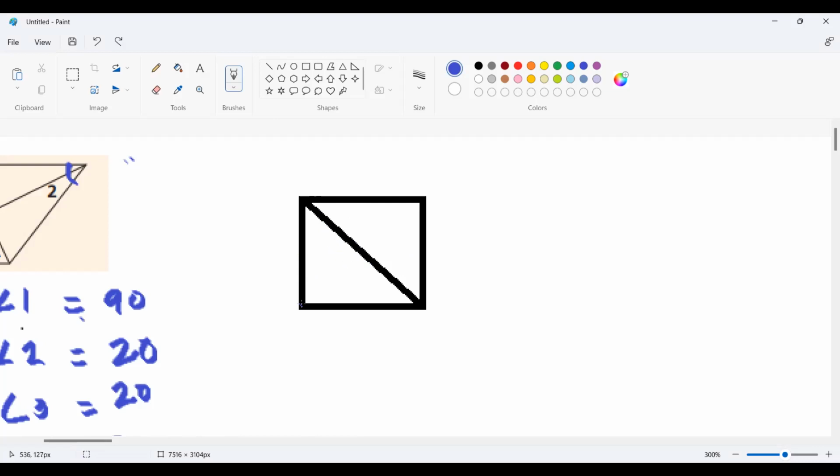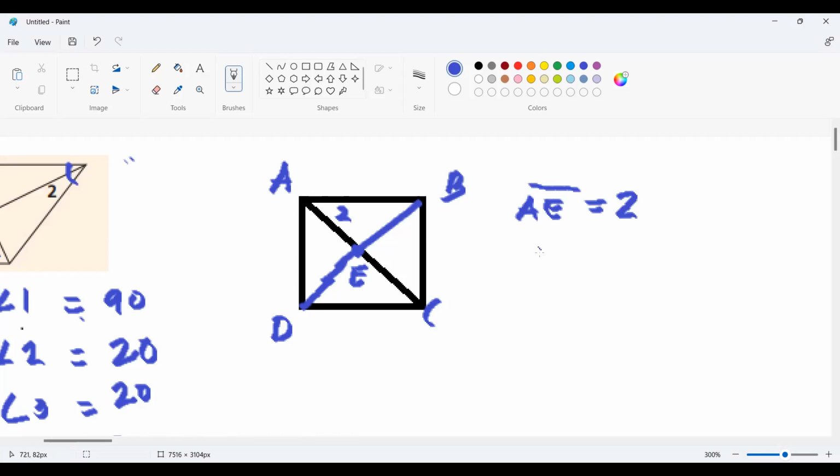So if, for example, you have a diagonal here, let's just imagine. Let's say this one is named A, B, D, and the intersection here is E. So if AE is 2, what is DB?